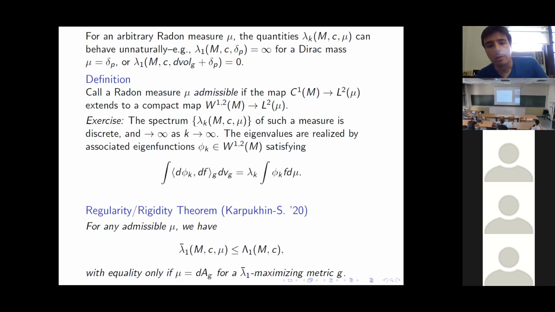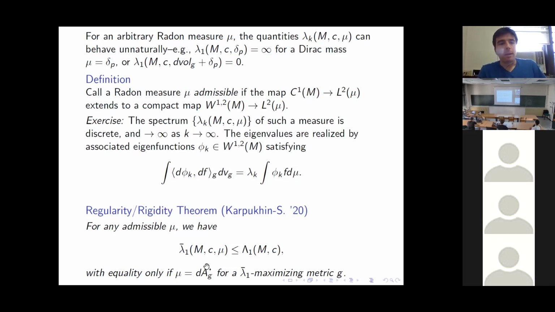A priori it wasn't clear whether these admissible measures would give you something different, with a larger eigenvalue. So we show not only that it is bounded, but in fact we have this rigidity, or if you like, a regularity result, which tells you that an honest maximizer has to in fact be a smooth maximizer.